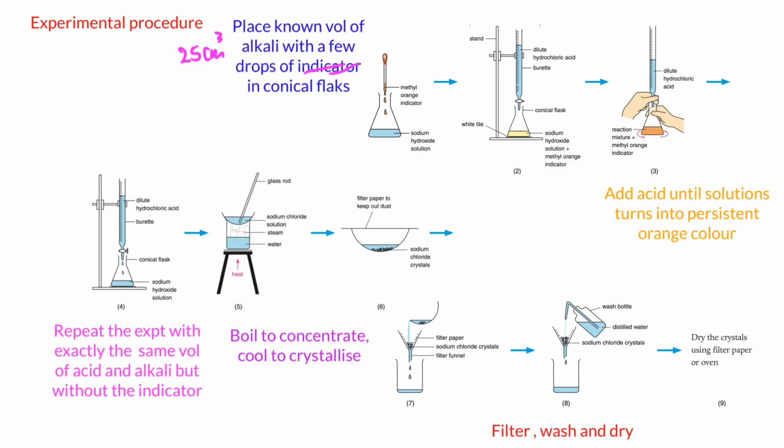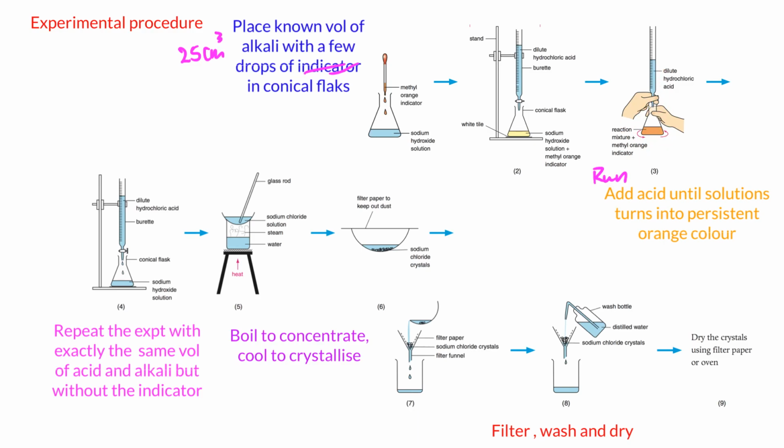Then you add the dilute hydrochloric acid into the burette, and what you need to do is just add, or sometimes we use the word run, the acid from the burette into the conical flask. In the process, you keep swirling the solution to allow the reaction between hydrochloric acid and sodium hydroxide to mix well. So when will we stop?